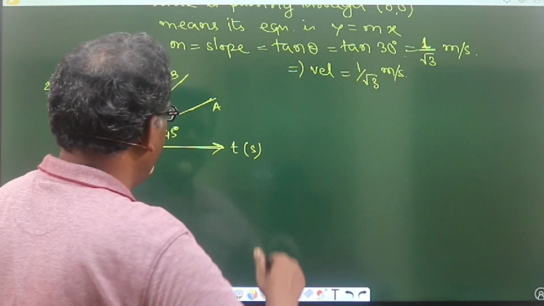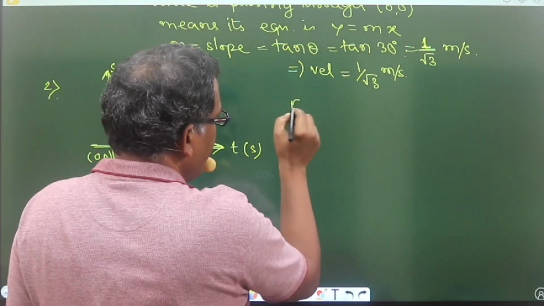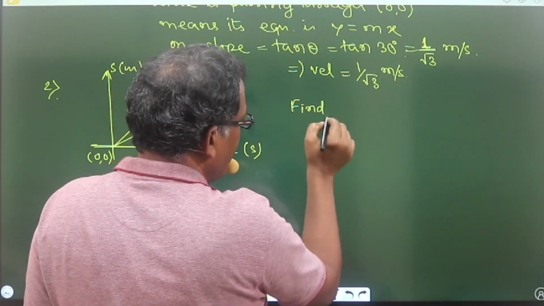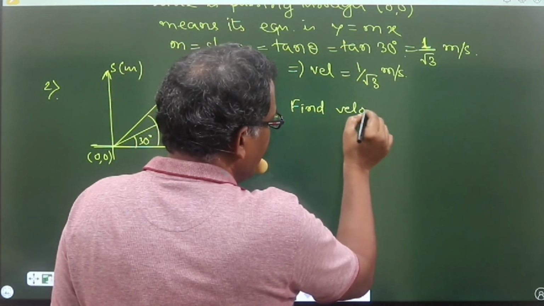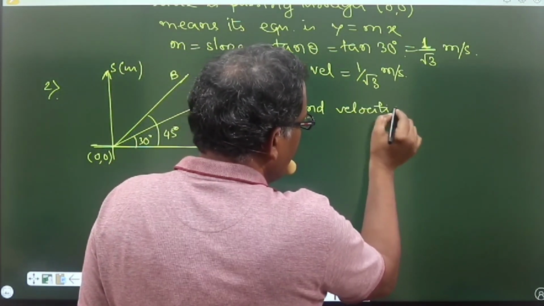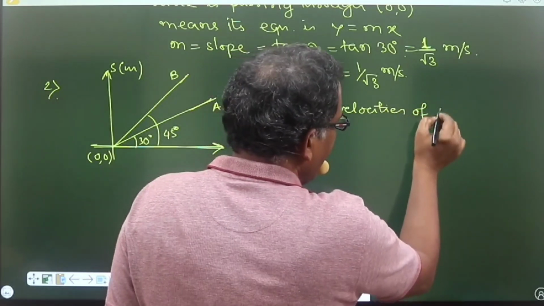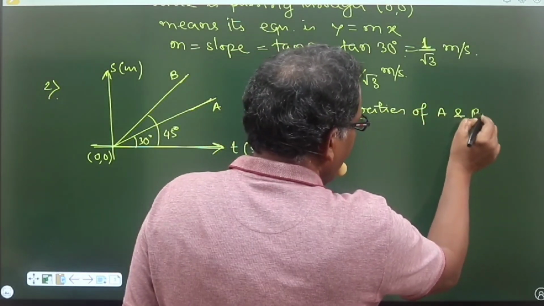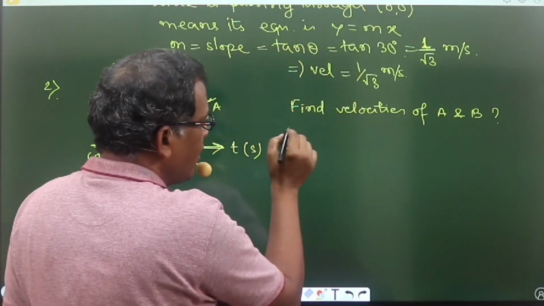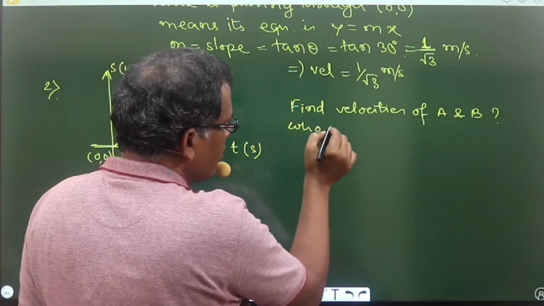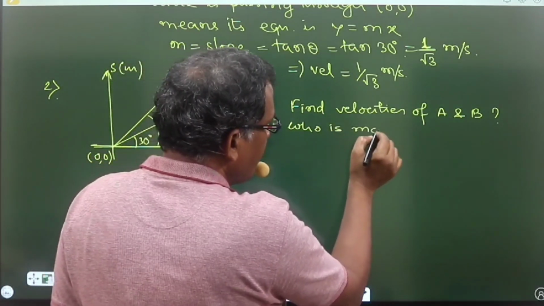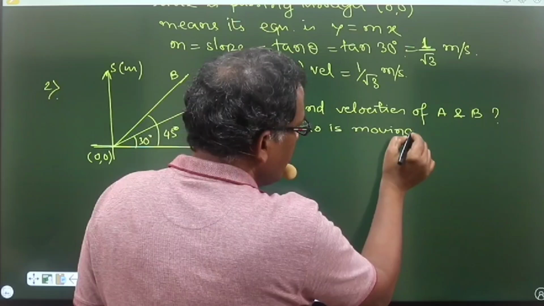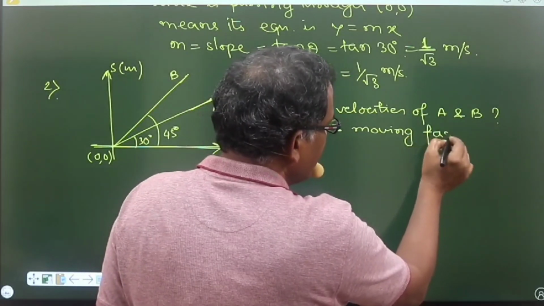So now here I need to find the velocities of A and B, and at the same time if you are asked who is moving faster, right? Who is moving faster?